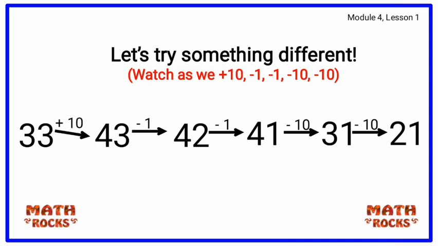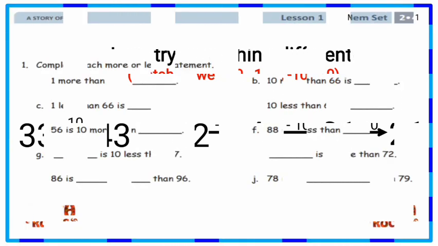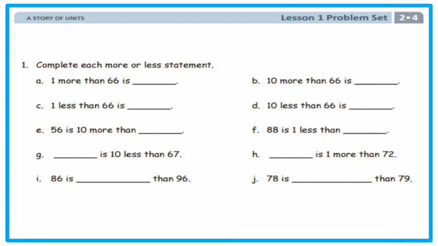And 10 less than 31 is 21. Did you study the pattern? This is called the arrow way. Okay? Alright. Now here's the problem set for lesson 1.